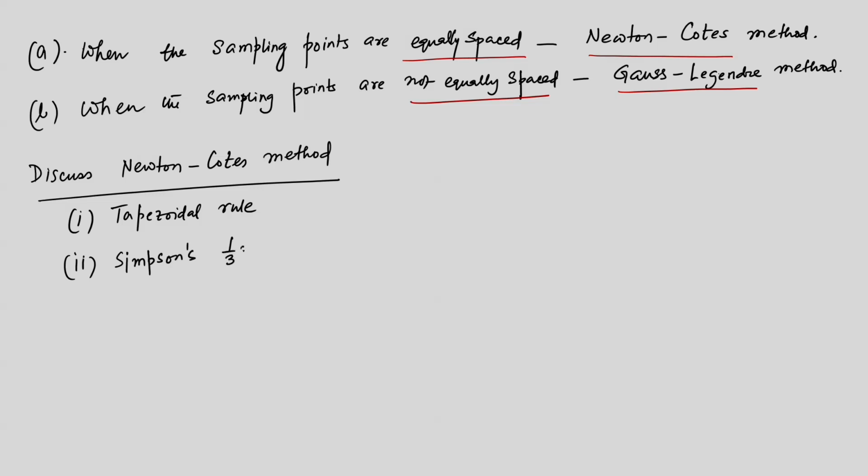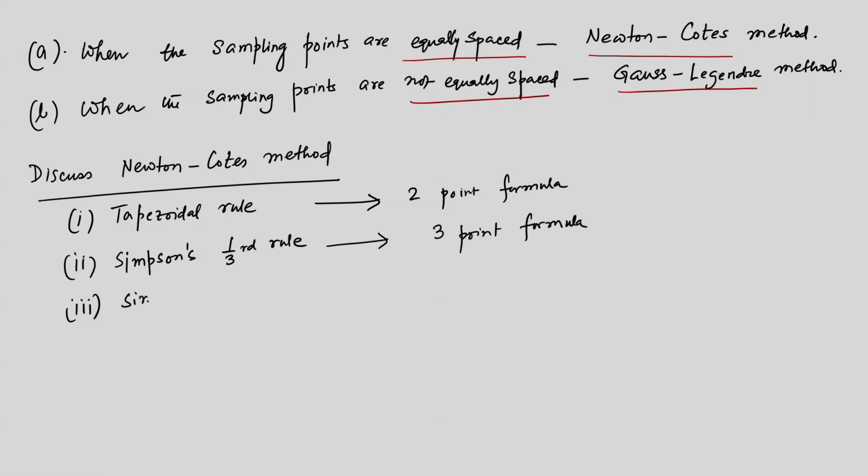The trapezoidal rule is called a 2-point formula, and Simpson's 1/3 rule is called a 3-point formula. And finally, Simpson's 3/8 rule, which uses a 4-point formula. Okay.